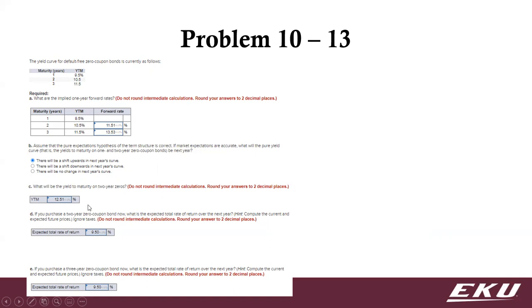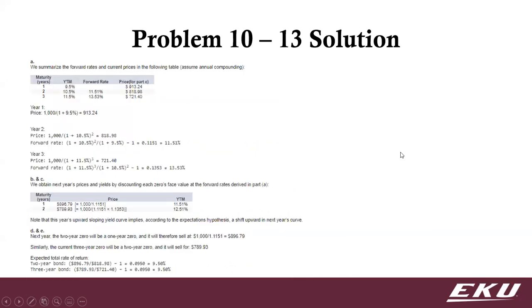We're going to calculate this yield to maturity. And then of course, the 9.5. Okay, and here's the way we work through those. To calculate these forward rates, we have to solve that 1 plus 9.5% times 1 plus 11.51% would be equal to 1 plus 10.5% squared.